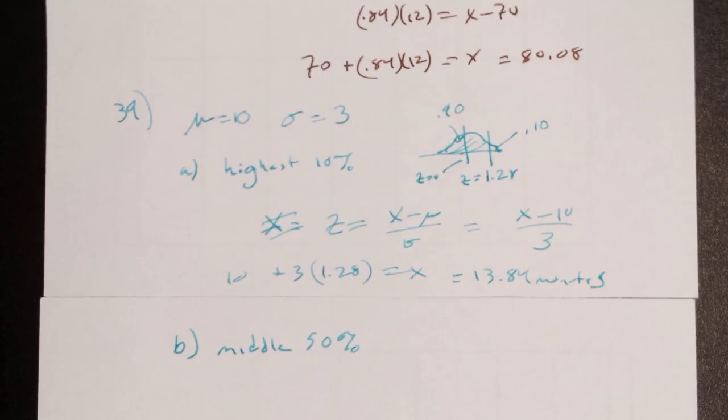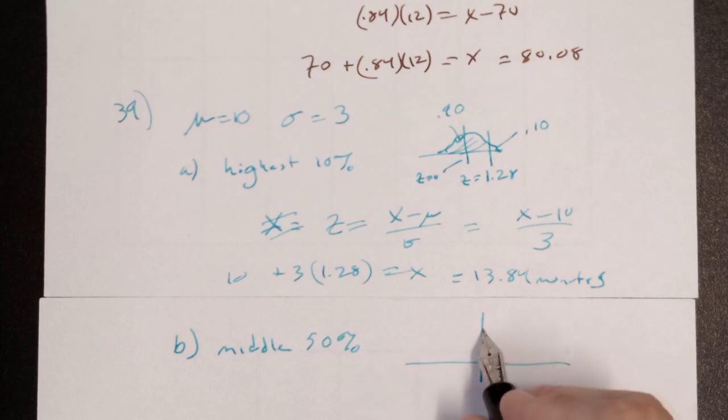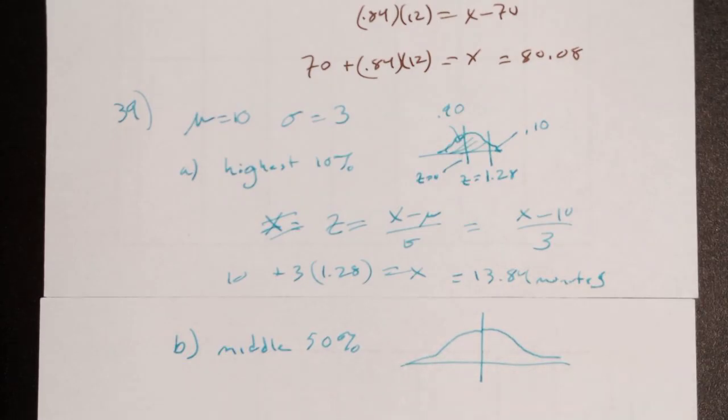Again, let's draw a picture. This is Z equals 0. Middle 50, the middle phrase is the middle here, center. If I want the center 50%, I'm going to have 2 bars. But those 2 bars will be the same distance to the left and the right.